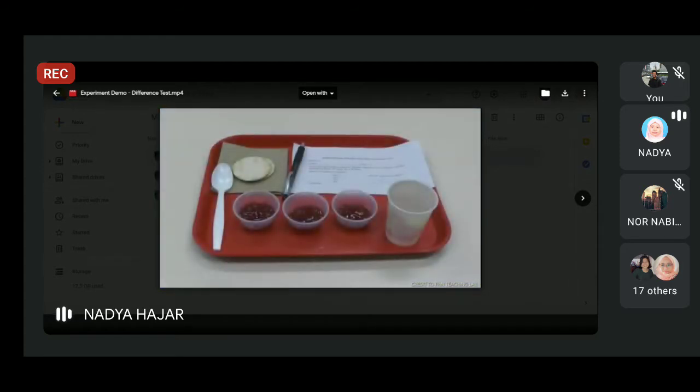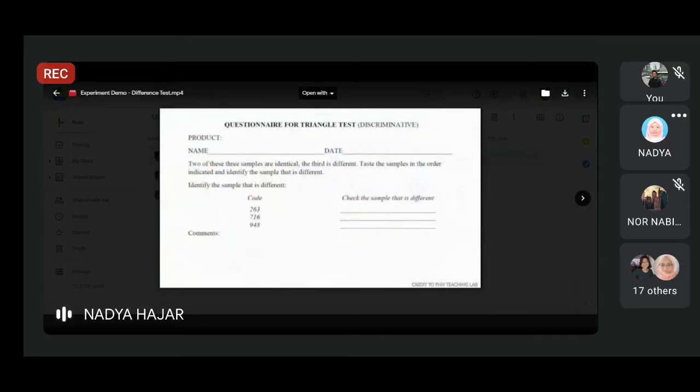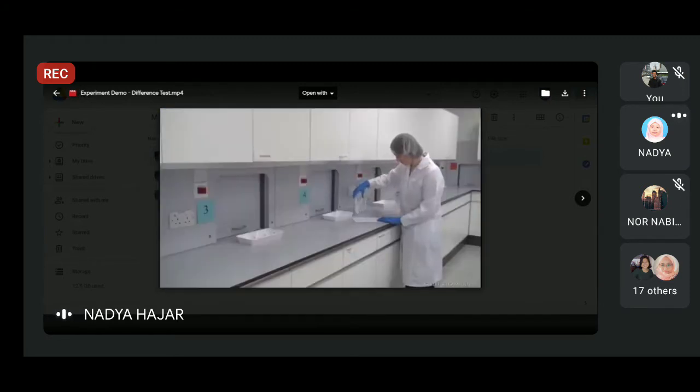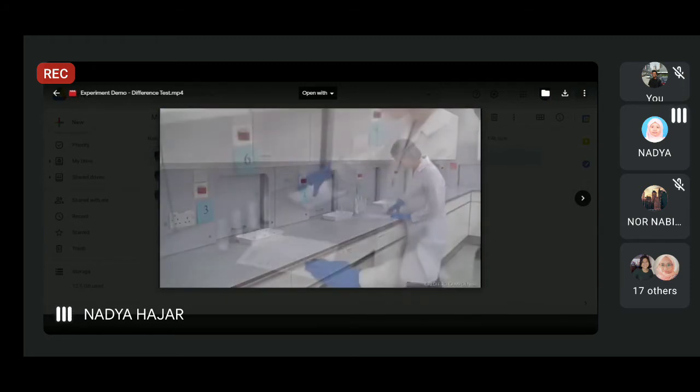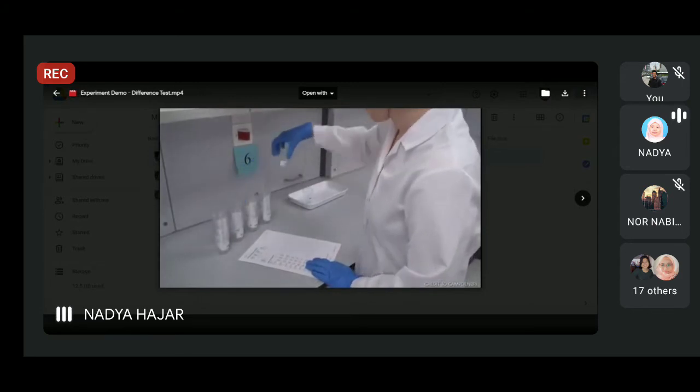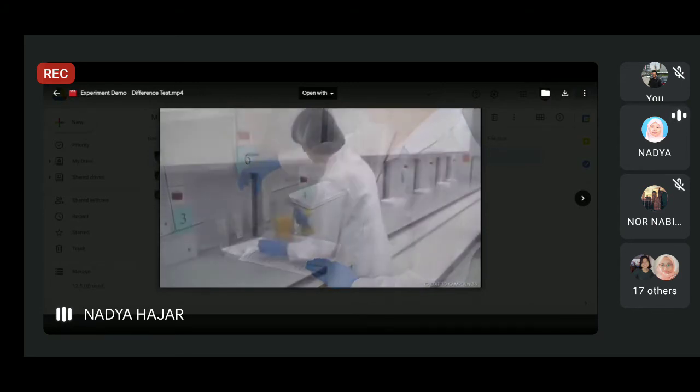Here is an example of how a triangle test is set up. 3 samples will be used where 2 are the same and 1 is different. The questionnaire tells the panelists that 2 of the 3 samples are identical and asks the panelists to identify the sample that is different. The order of tasting is also indicated on the questionnaire. The triangle test is principally used to determine whether a sensory difference exists between two products.